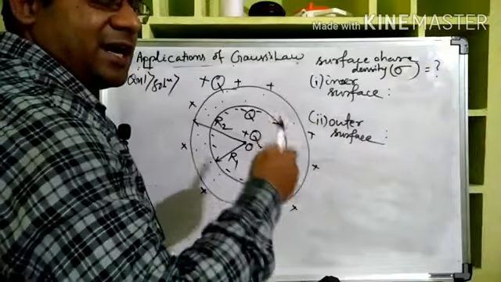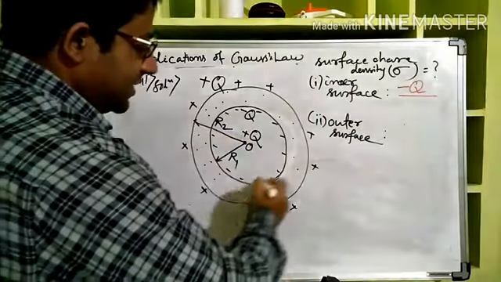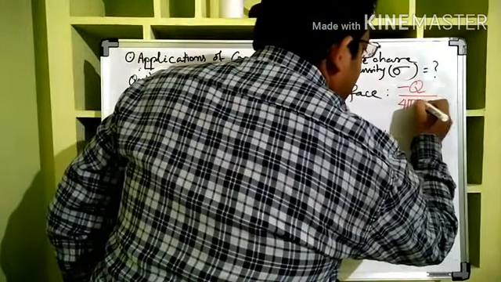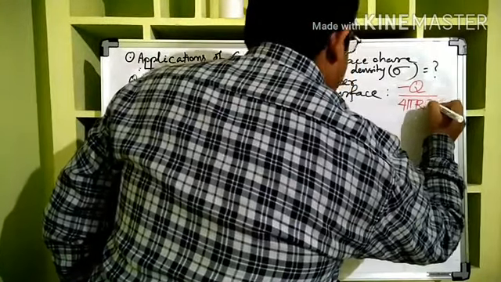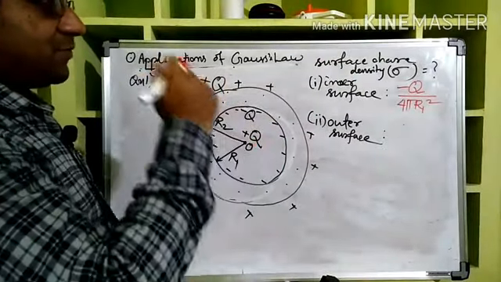The charge contained per unit area. For the inner surface, how much charge is there? Minus q. Minus q divided by the area of the inner surface. The radius of the inner surface is r1, so the inner surface area is 4 pi r1 square. 4 pi r square is the surface area, right? So sigma is minus q by 4 pi r1 square.